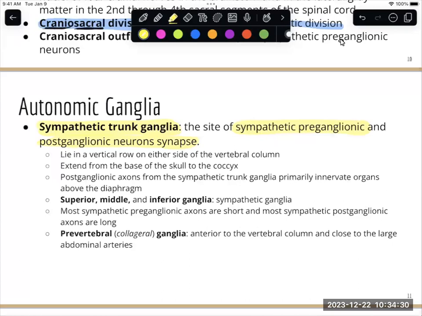We have superior, middle, and inferior ganglia, which are sympathetic. We have prevertebral or collateral ganglia. So they run anterior to that vertebral column.